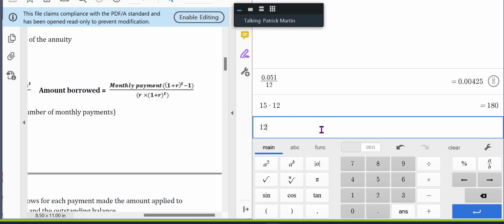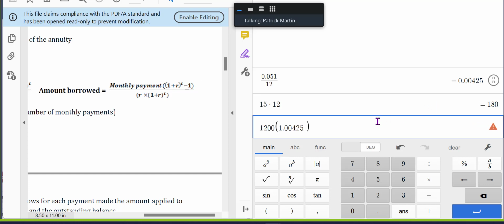So we take our 1,200, and don't forget we need, you might want to do 2 parentheses on the top, like 1 plus R. If that's R, 1 plus R is just 1.00425. It works out nicely. And then it needs to be put to the power of T. So little hat symbol for the exponent.